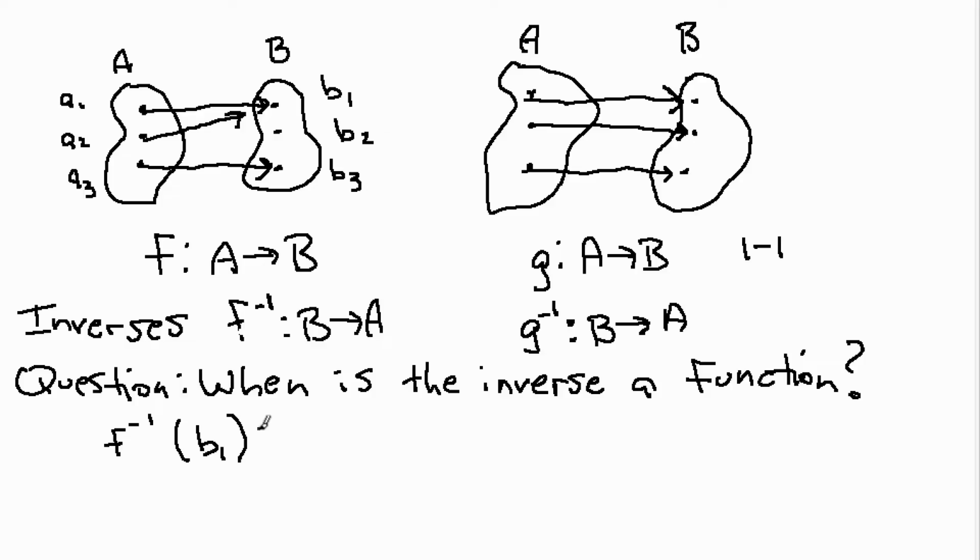Well, in this case, note that it's actually two values here. It's actually A1 and A2. Okay? So I think you can see where we're going with this. The answer to when is the inverse a function is: when the function is 1 to 1.